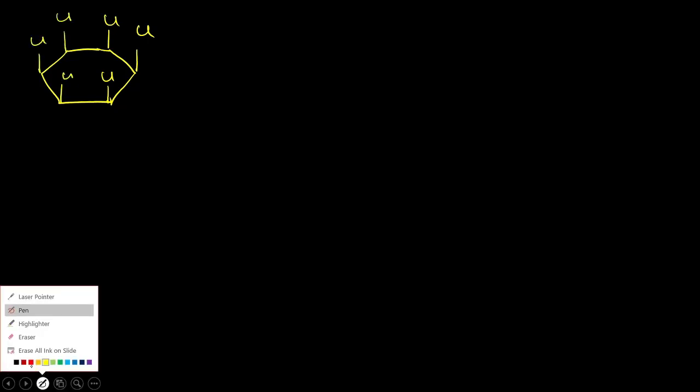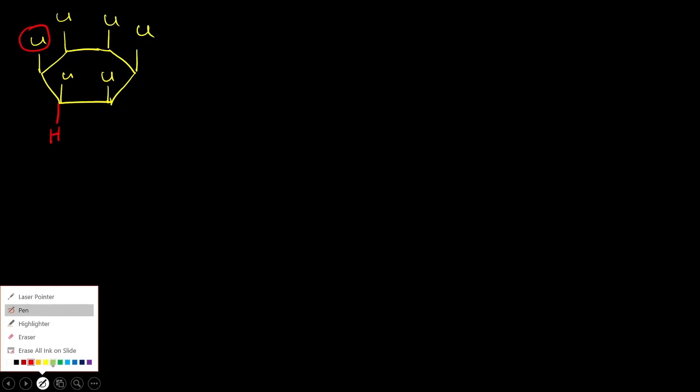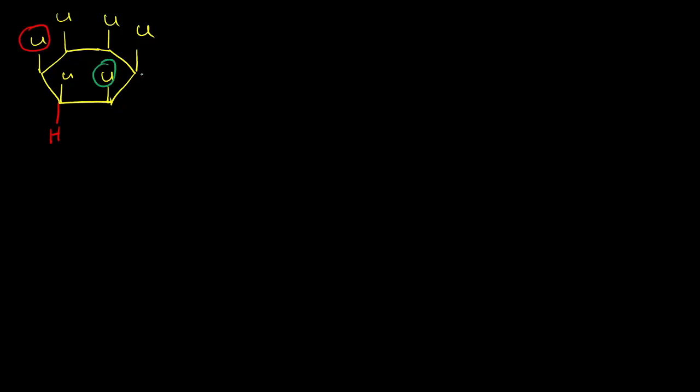For this chlorine we have one anti-hydrogen here, for this chlorine we have one anti-hydrogen here, and for this chlorine we have another anti-hydrogen here. So if you remove these, then we have 3 pi bonds along with 3 chlorine atoms. So this will be your final product.